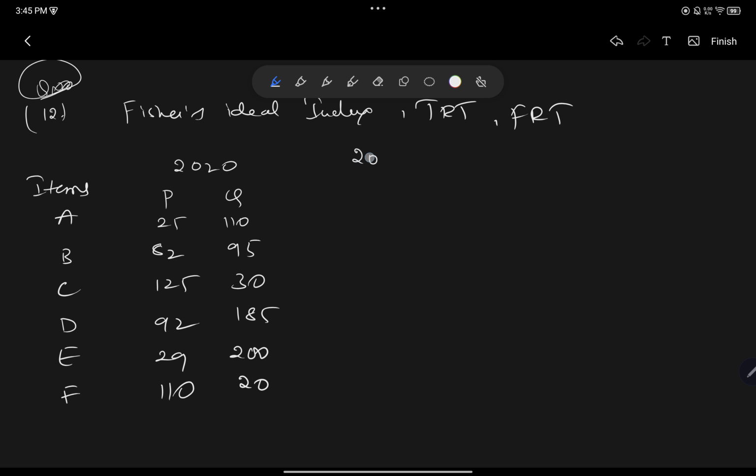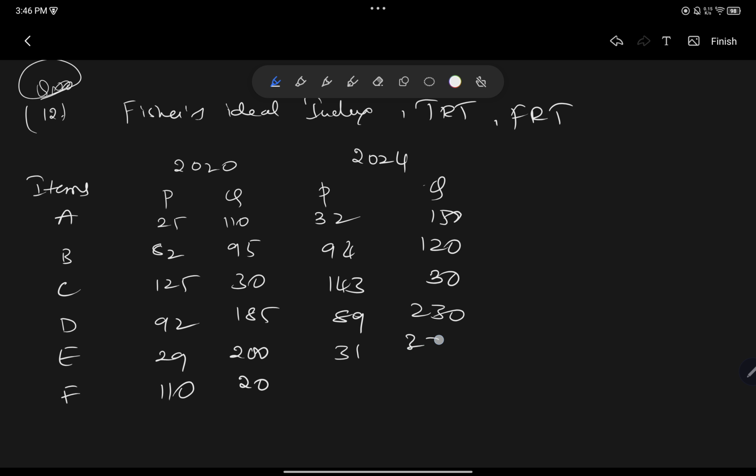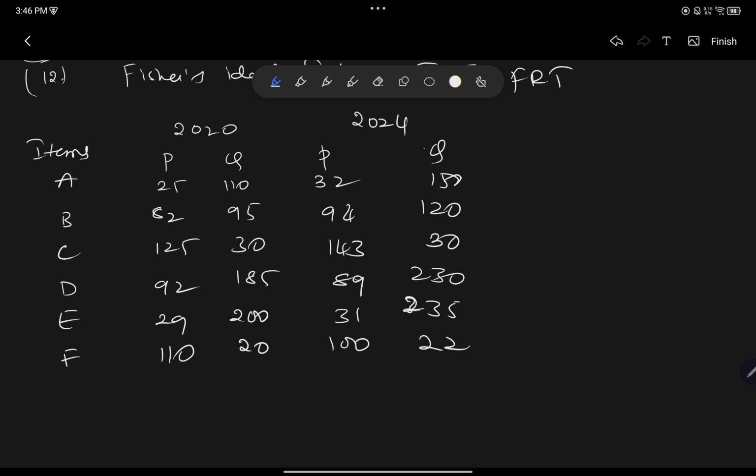In the year 2024, price and quantity given are 32, 94, 143, 89, 31, 122 and 150, 120, 30, 230, 235, 22. So this is the question they have given. You can take a screenshot of this question if you don't have this.